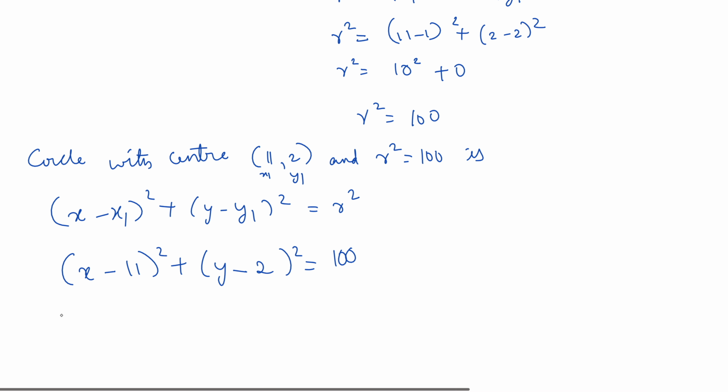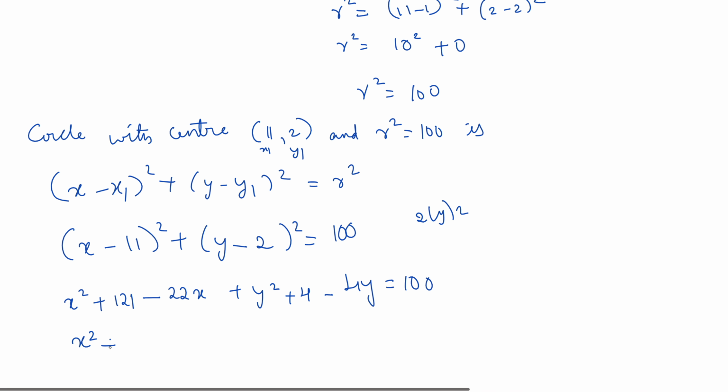So if we expand it, we get x square plus 121, since 11 square is 121, minus 2 into x into 11, so 22x, plus y square plus 4 minus 2 into 2 into y, because (a minus b) whole square is a square plus b square minus 2ab. So 2 into 2 is 4, 4y equal to 100.